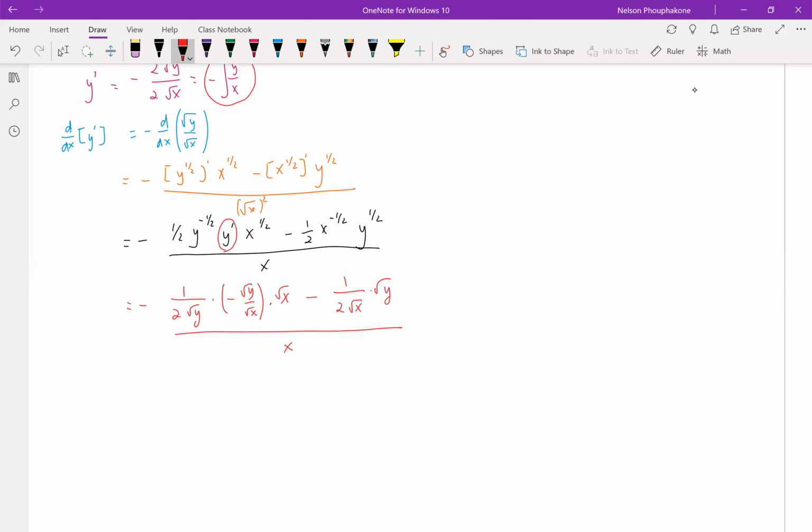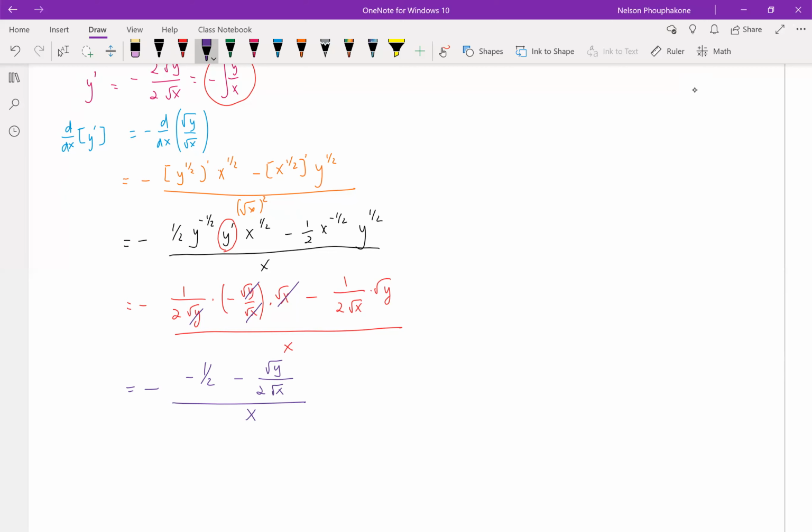And now you will see that this one and this one cancel, and this cancels. Then I will have negative of negative 1/2 minus square root of y over 2 times square root of x all over x.